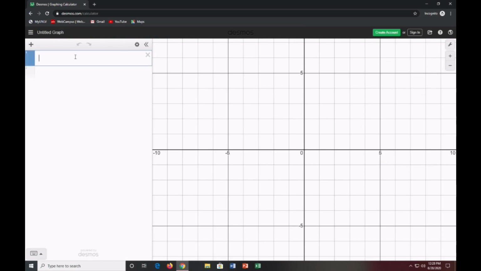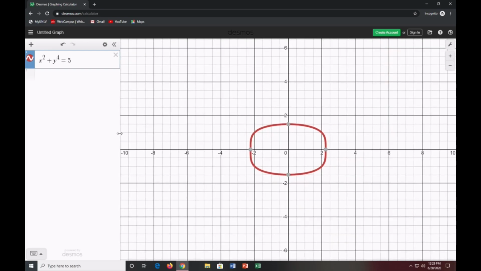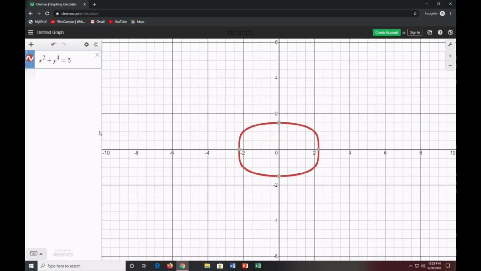Okay, so I'm going to graph that first one, which was x squared plus y to the fourth power equals 5. Okay, so this is the graph of this equation. It's definitely not a function, right?